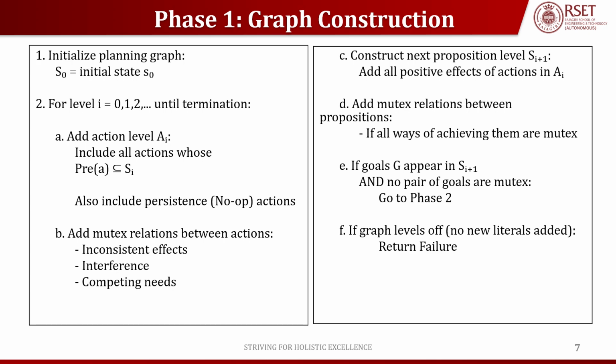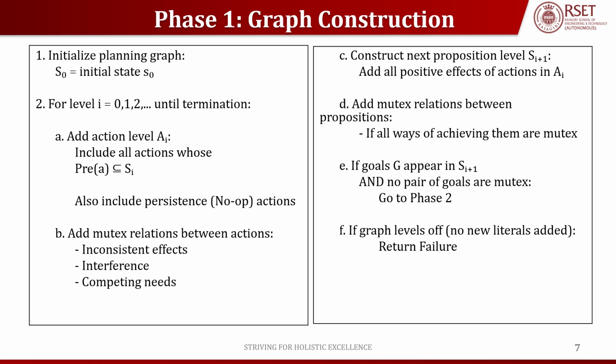failure. So in the graph construction, you will initialize your planning graph first, and then for each and every level until the termination, you have to perform some steps. First one is addition of action level Ai, and then you have to add mutex relations between those actions based on inconsistent effects, interference, and competing needs.